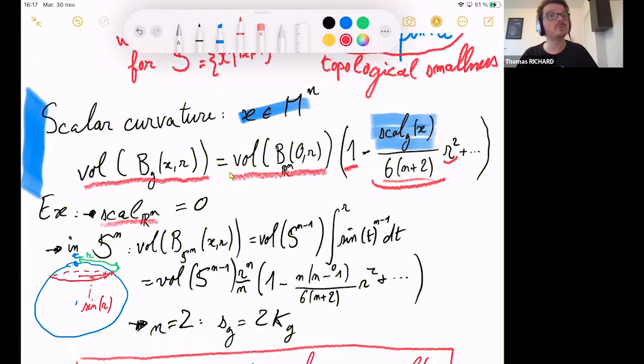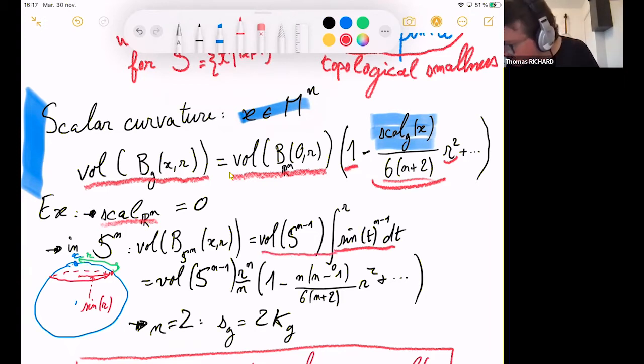And so if you want to compute the volume of a ball of radius r in the sphere of dimension n, you will just integrate the size of all these spheres, and so you get that thing.